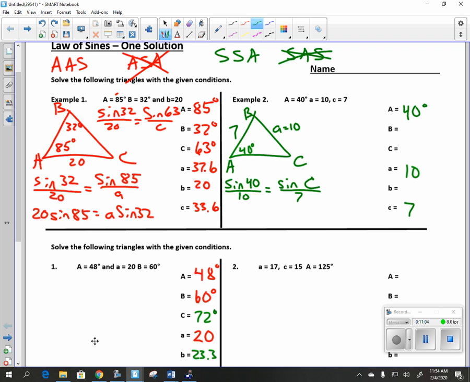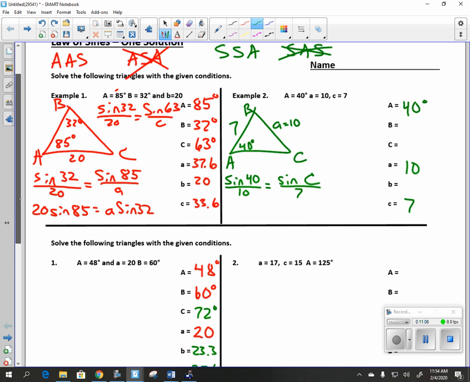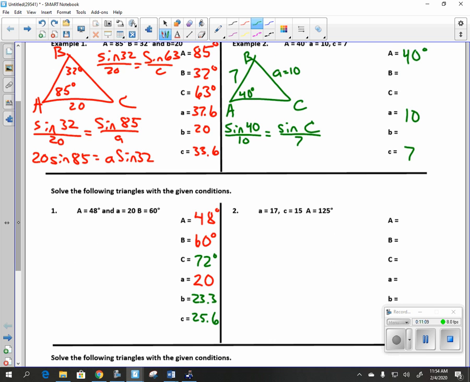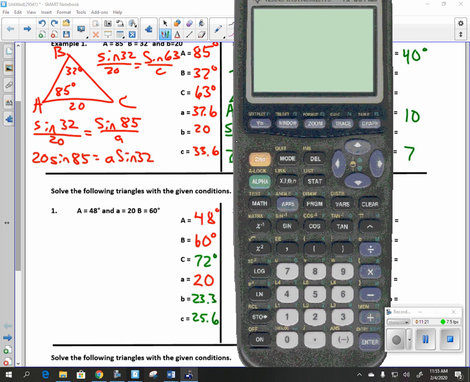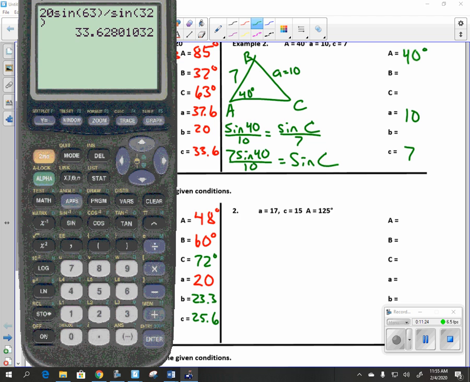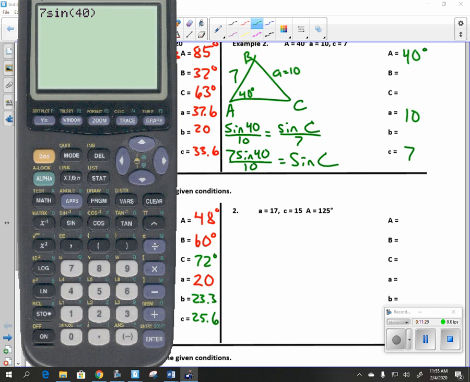So I want to solve for C. So I'm going to multiply both sides by what? 7. 7 sine of 40 over 10 is equal to the sine of C. 7 sine of 40 divided by 10, and I get 0.44995. 0.44995 is equal to the sine of angle C.